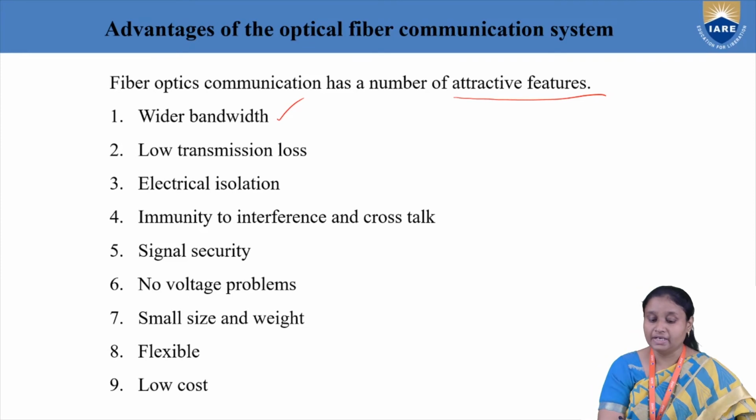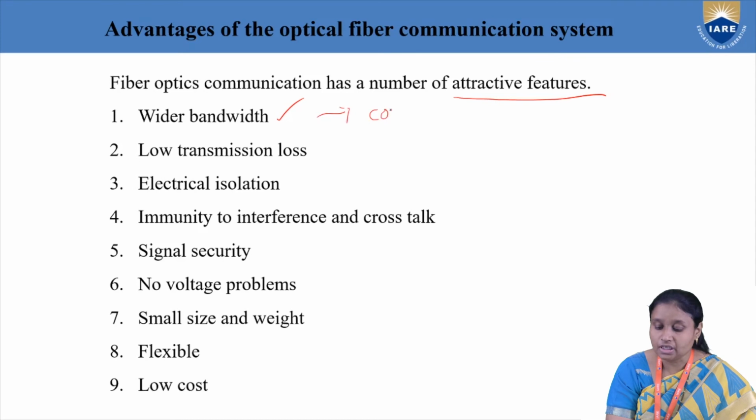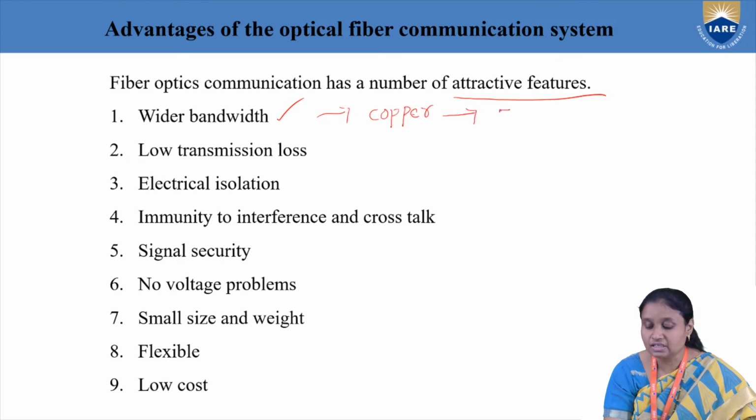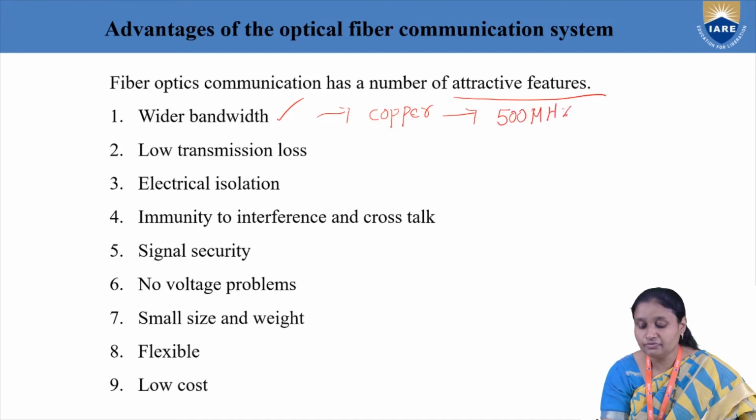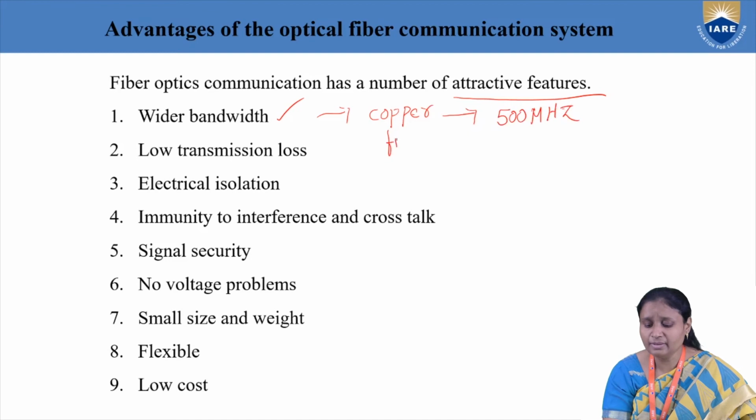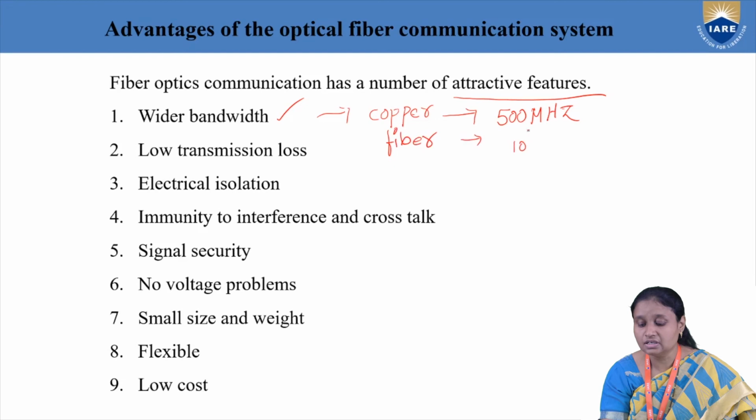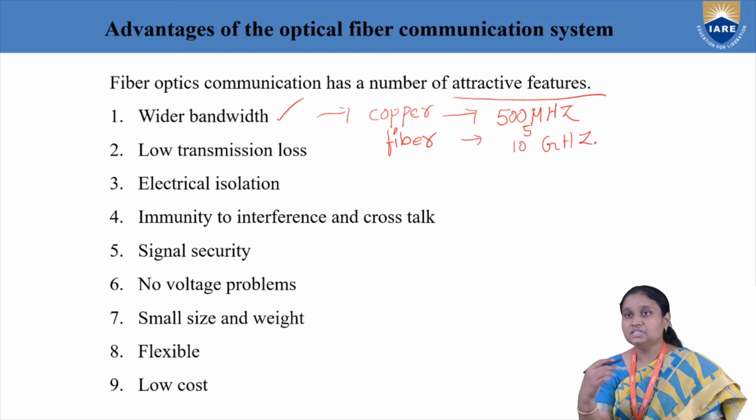Suppose I take normal copper cable communication: its bandwidth is around 500 megahertz. Whereas in fiber communication, the bandwidth is around 10 to the power of 5 gigahertz. So just try to notice the change.